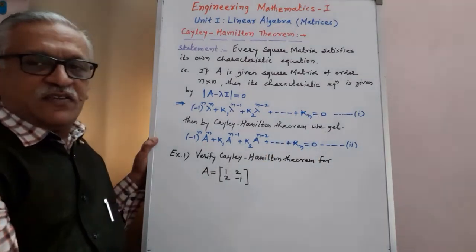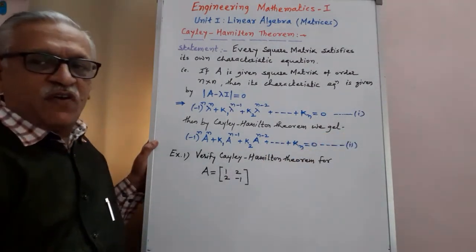The last term is kn equals 0. We call this equation 1.